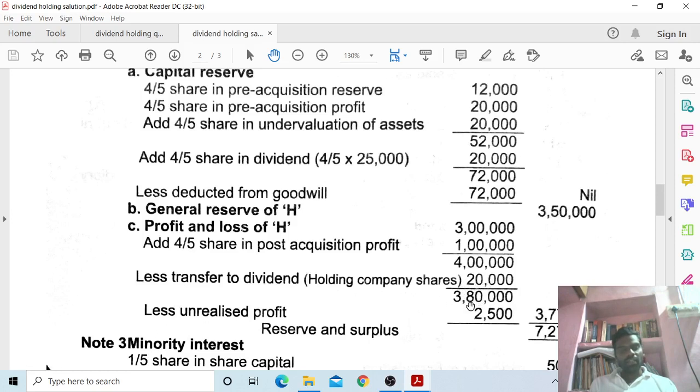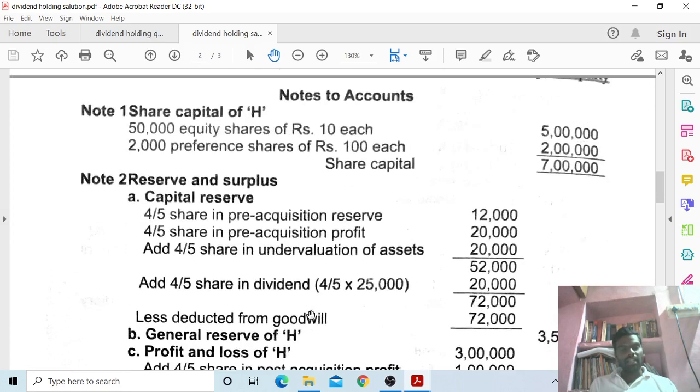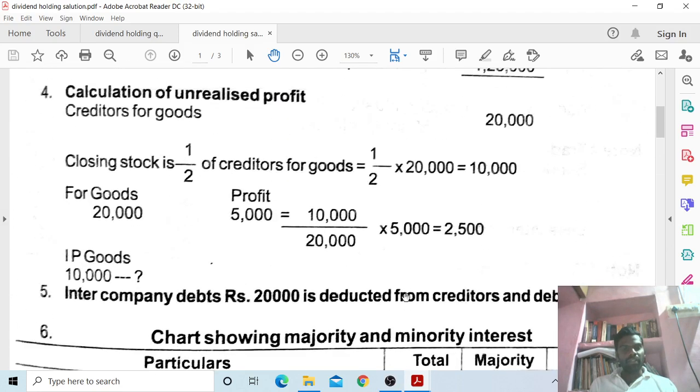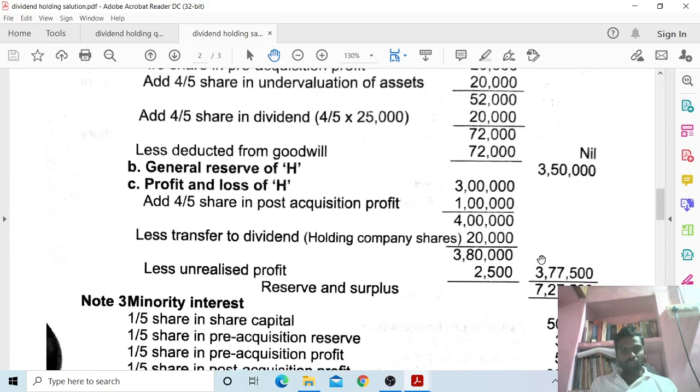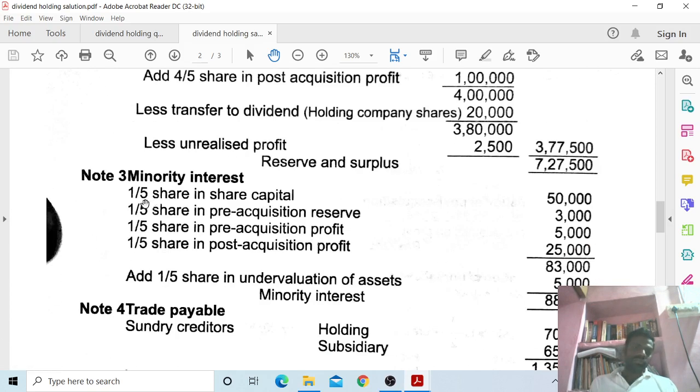Then 3,80,000 less unrealized profit 2,500, so 3,77,500. This is the profit and loss account of the holding company. These two, 3,50,000 plus 3,77,500, both are added: 7,27,500 reserves and surplus.